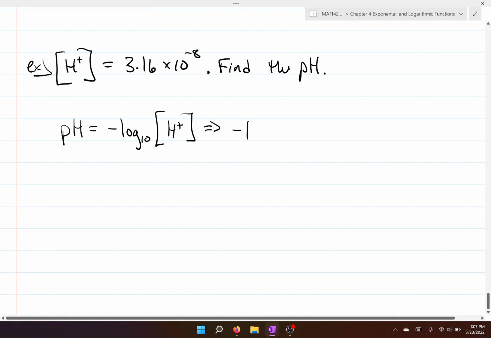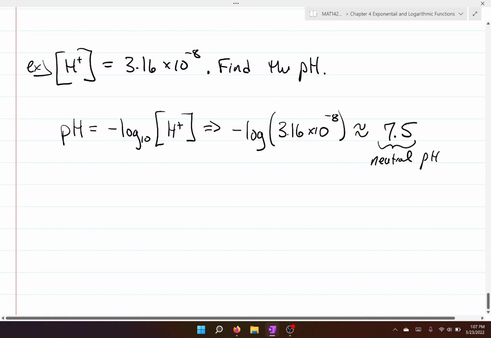So this is going to be the negative log of 3.16 times 10 to the negative 8, which is approximately 7.5. So we would consider this neutral. And I think this is about what your pH is for your blood. I think that's what that is.